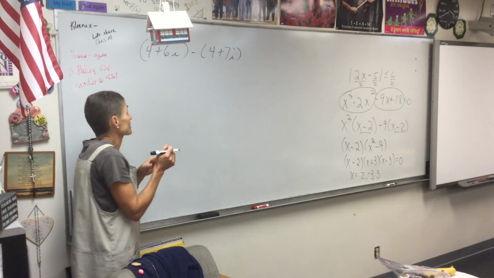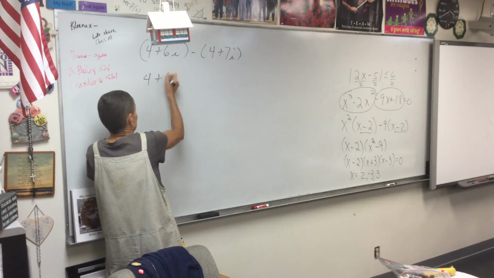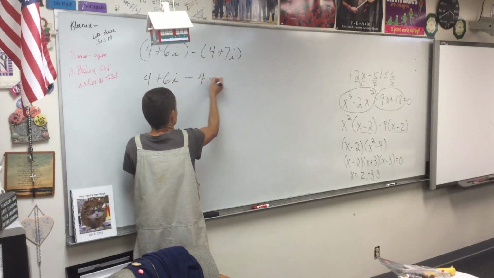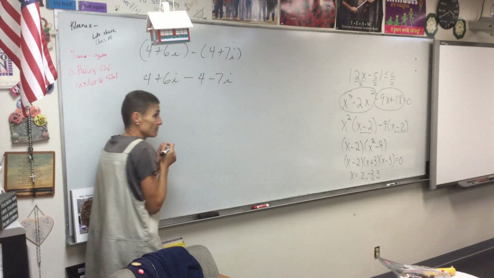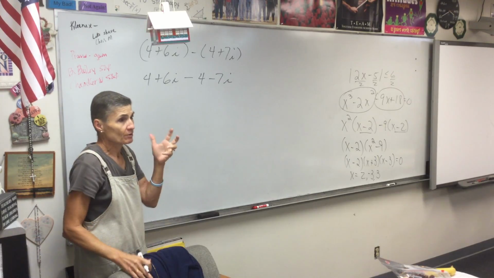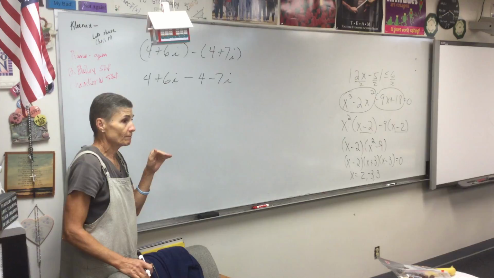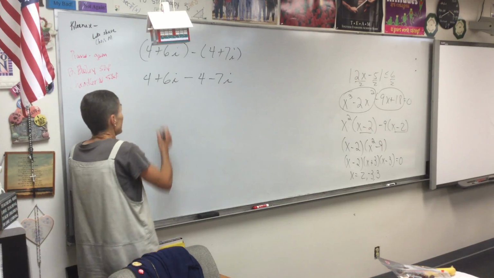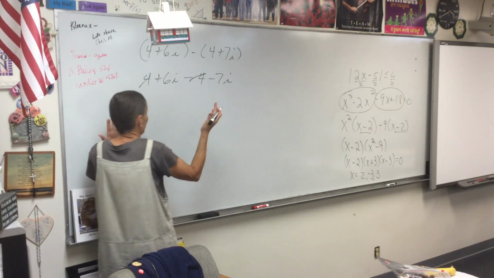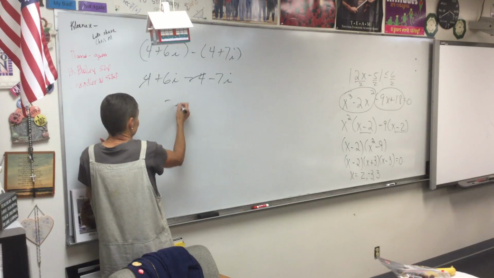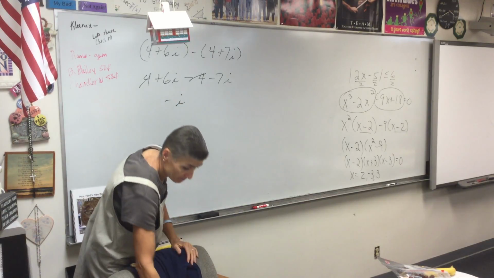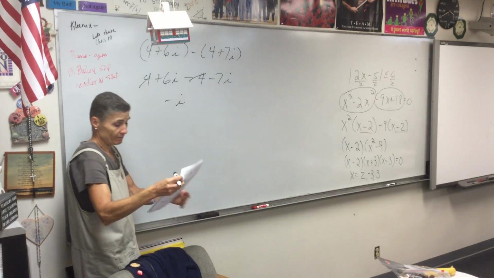I'm going to go ahead and distribute. I'm a little scared to collect like terms when I still have parentheses, so I'll get rid of them first. Now, they do cancel, and all I have left is negative i. That's all that's left.